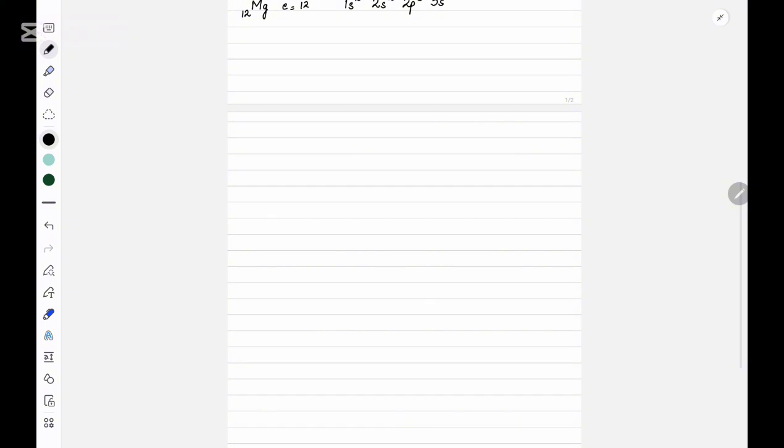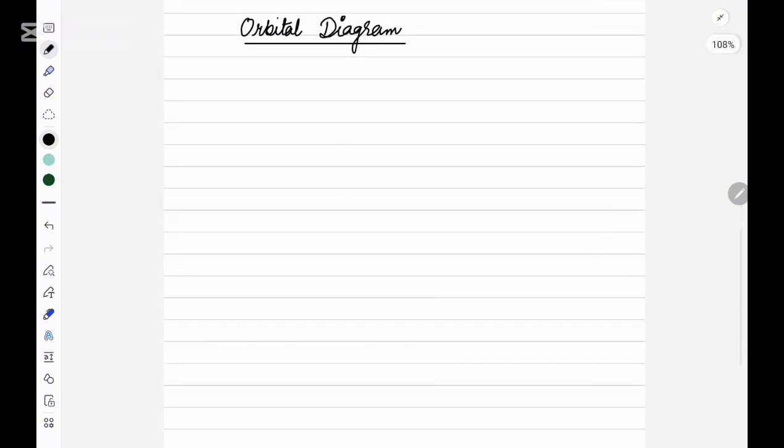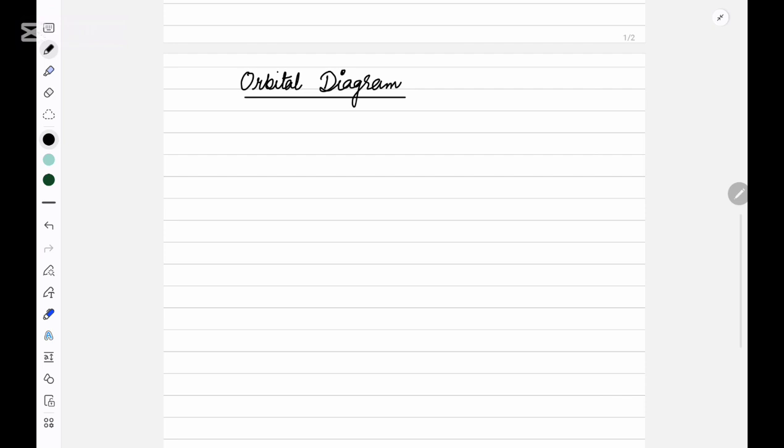Now if we want to represent the orbital diagram for them, let's see how we are going to represent them. First of all, orbital diagrams are a visual representation of electronic configuration.